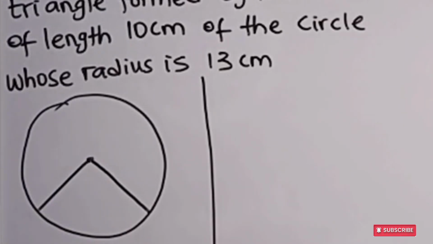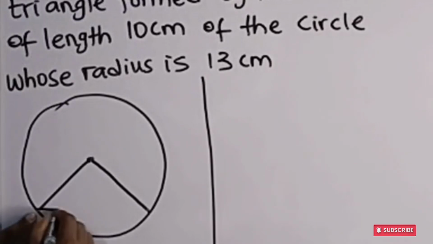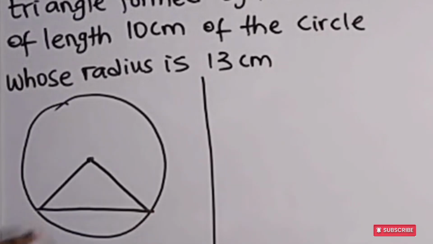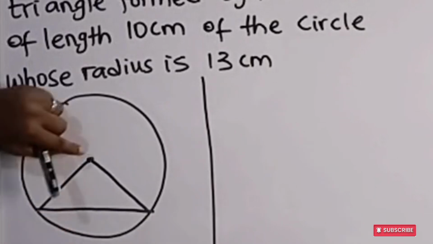Remember, the chord is a line drawn from one point on the circumference to another point on the circumference without passing through the center.